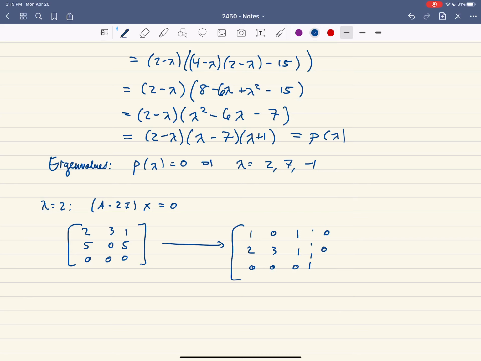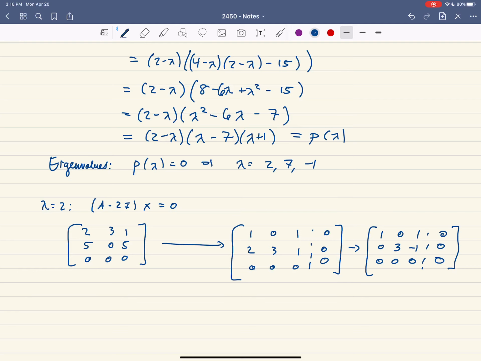And even more than that, we could take negative 2 row 1 and add it to row 2. And so that would give us 0, 3, negative 1.